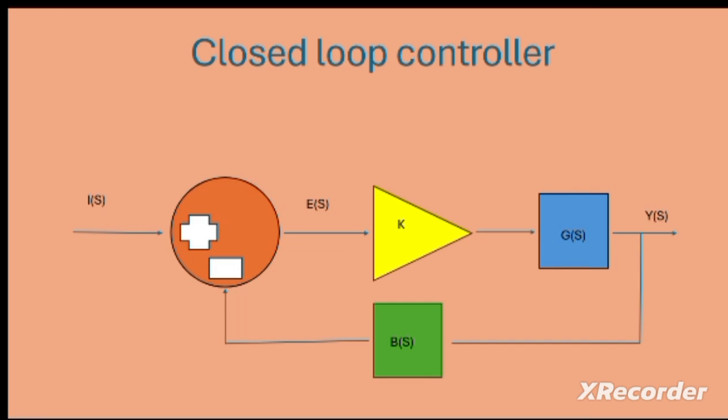So the first part of the block diagram, which I have highlighted with orange color, is our differential amplifier, and the signal Y of S will be equal to E of S multiplied by K multiplied by G of S, and the same signal will also go towards B of S, which is our sensor.